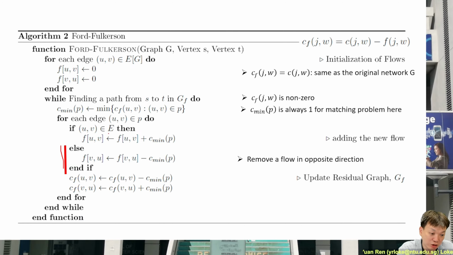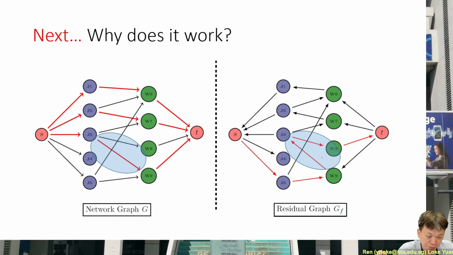Actually, there is no edge from W9 back to J3, right? You only have J3 to W9, but you don't have W9 to J3 in the network graph.